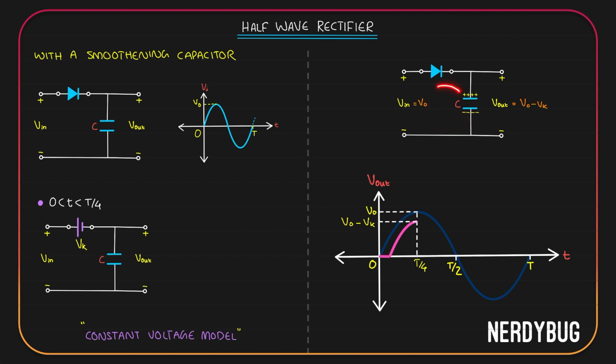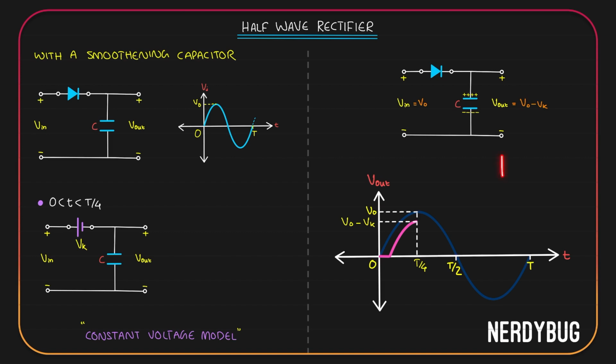That means current flows in this direction. If current flows in this direction, that means current flows from the N side to the P side of the diode. Is that possible? No. So it is not possible for the capacitor to discharge. So that is also not an option.